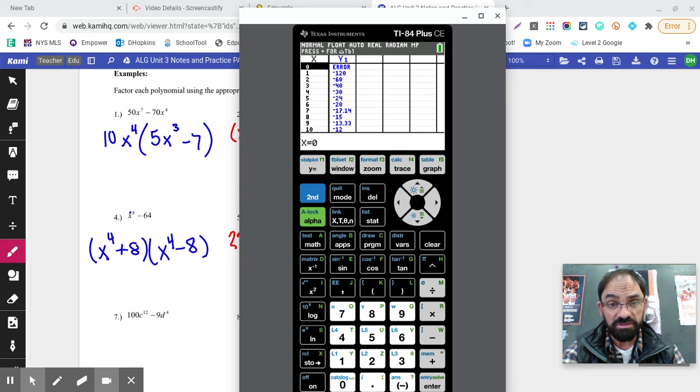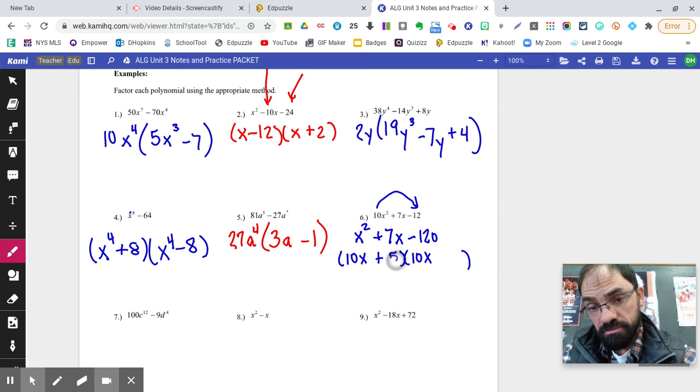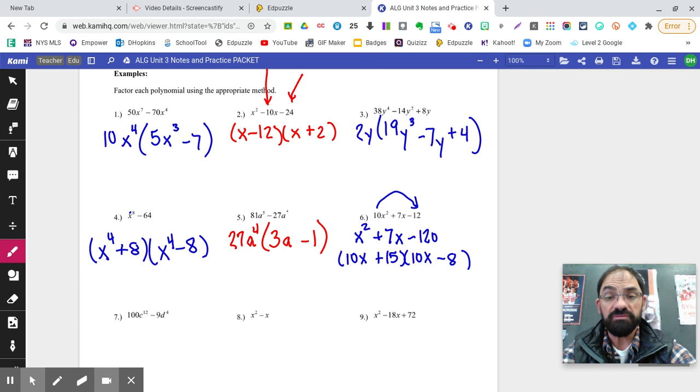So let's go through this list. And I've already found it. 15 and 8. So positive 15 minus 8 would give me 7. And if I multiply 15 times negative 8, I get negative 120.